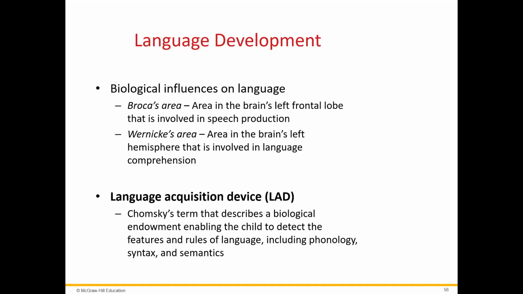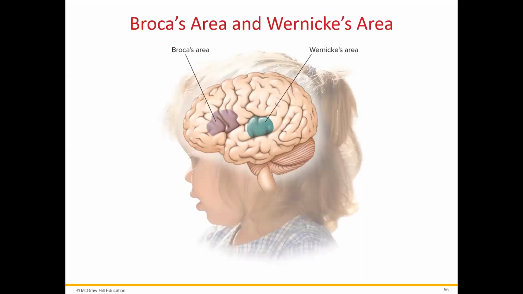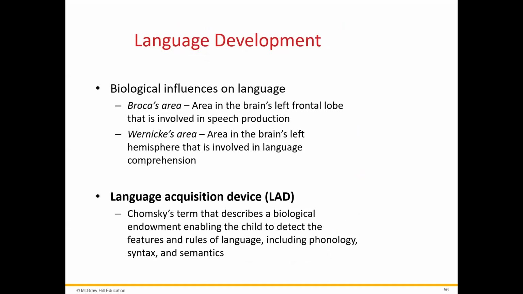It's not an actual physical structure. When we looked here, we could point out Broca's and Wernicke's area. There's no area of the brain that we've labeled language acquisition device. It's a theoretical concept, not saying that it's necessarily one spot, but that your brain is going to work at learning language.